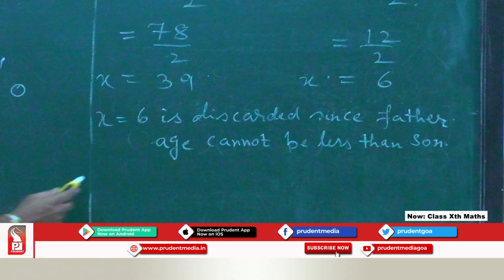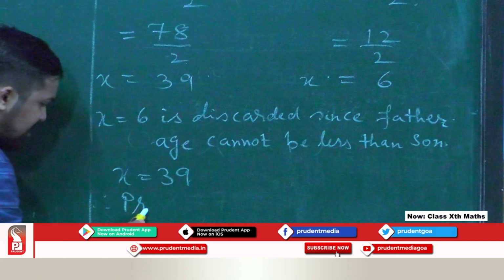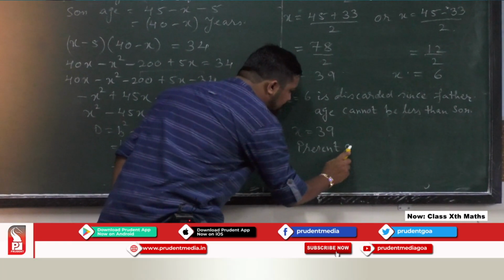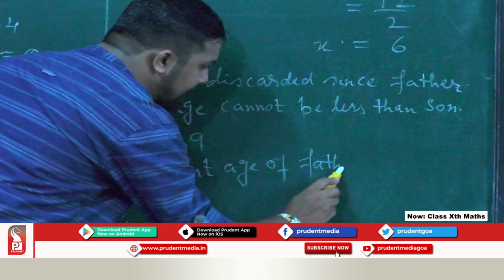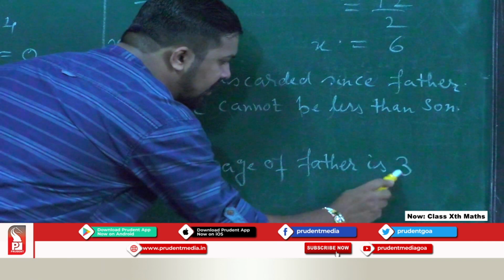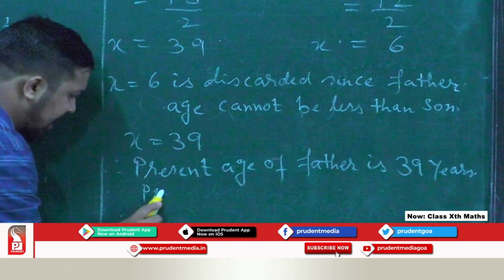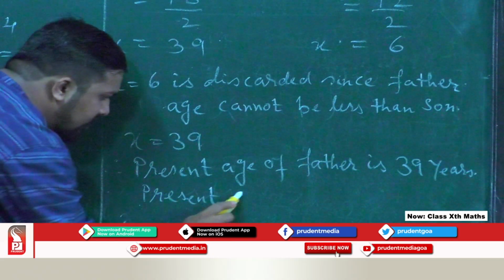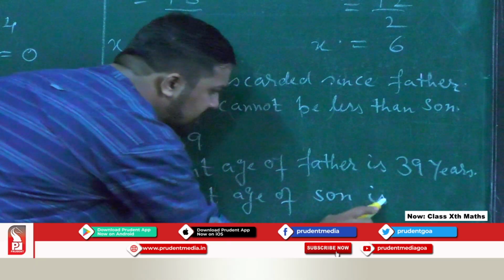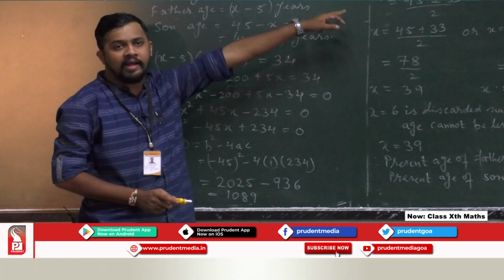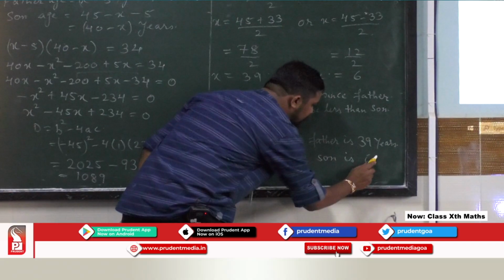So therefore x equal to 39. So therefore the present age of father is 39 years and the present age of son is 45 minus x. So 45 minus 39, 6 years.